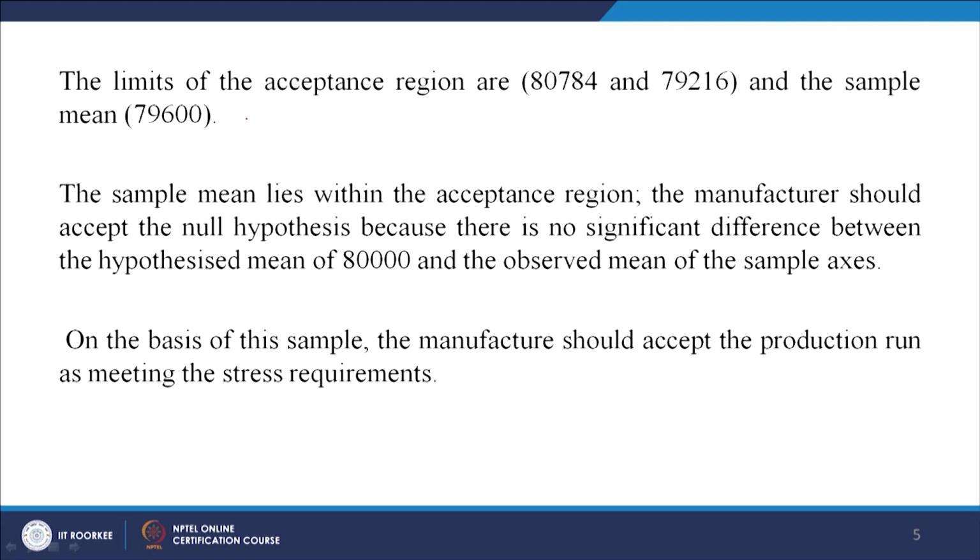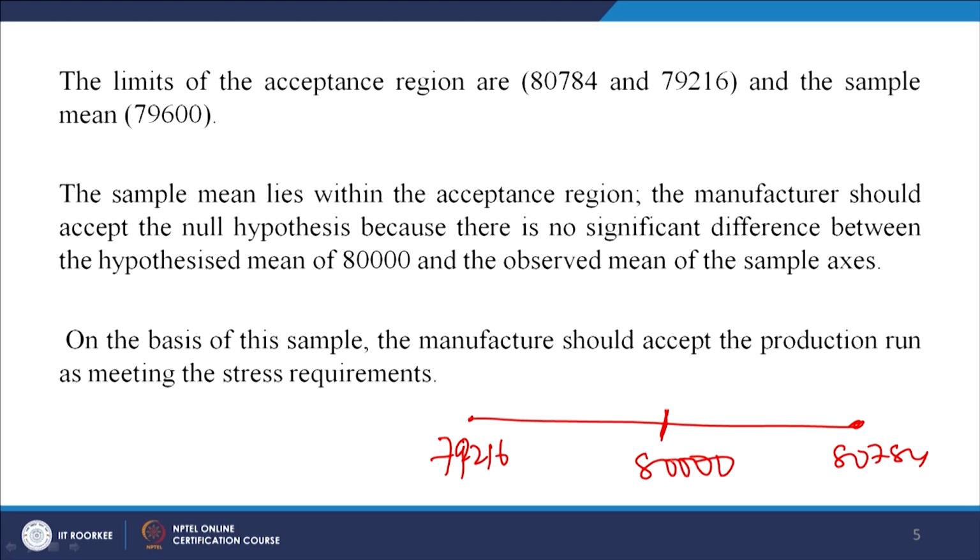The population mean was 80,000, we know that. So, since the sample mean lies within the acceptance region, that means this was 79,216 on one side, and the upper side was 80,784, and your hypothesized mean is 80,000 here, and your calculated sample mean is 79,600.